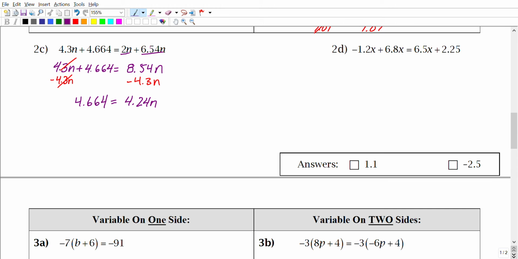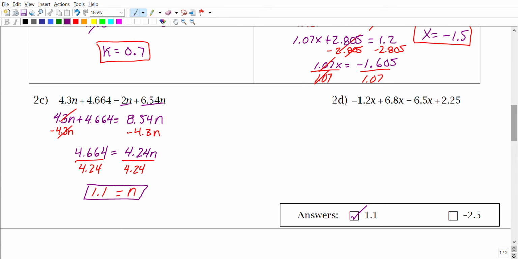Okay, now I can get rid of that 4.24 by doing the inverse of multiplying, which is dividing, to get n equals 1.1. All right. So hopefully you guys got the same answer there. And as we see on our answer box, we have that as one of our potential answers. So let's take a look at the next problem.